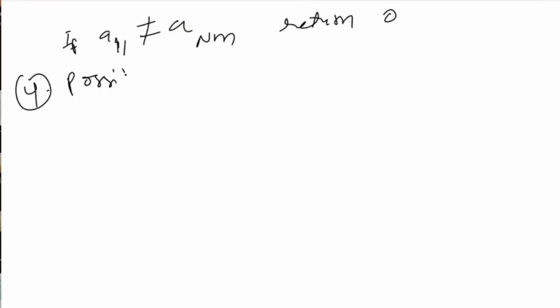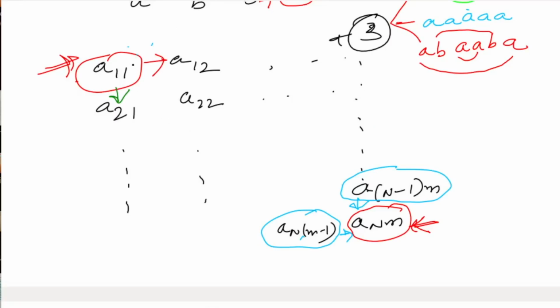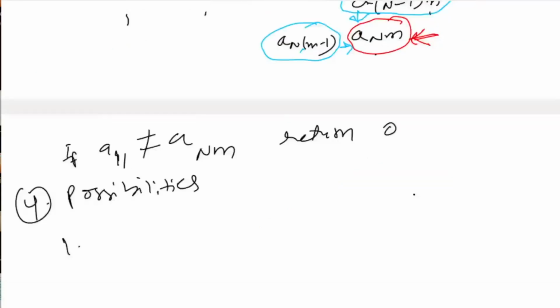Okay, so now the first possibility is that you move from a11 to a12 and then you reach a n m from a n minus 1 m. So this is our first possibility.